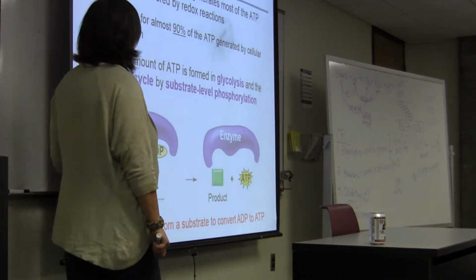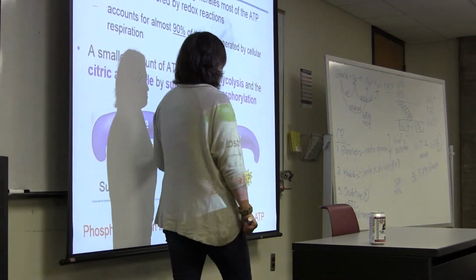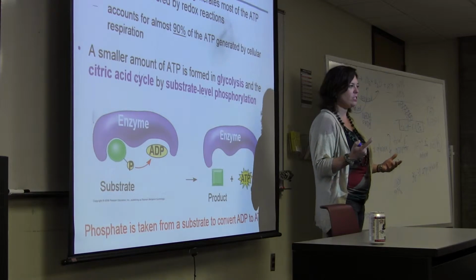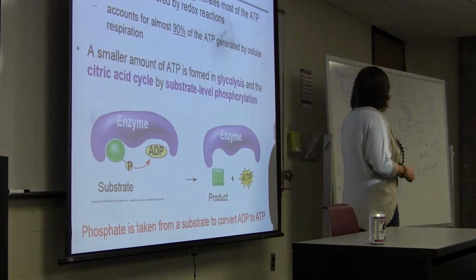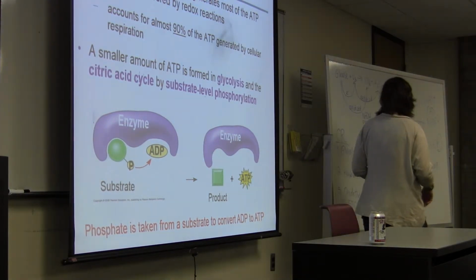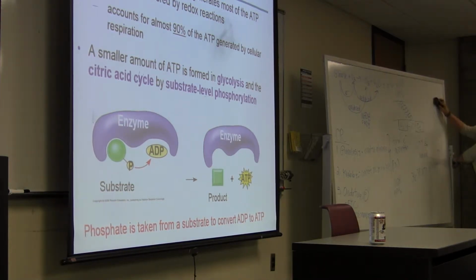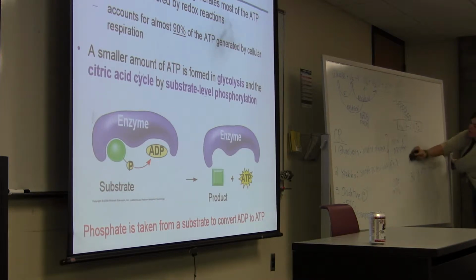All right, so when we're talking about making energy, making ATP, there's two different ways you can do it. Now, the way that it's done in glycolysis and the Krebs cycle is something that's called substrate level phosphorylation.